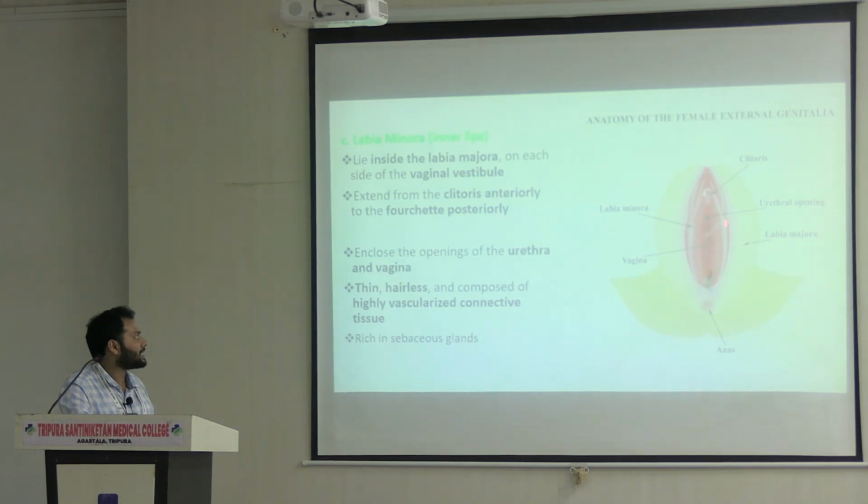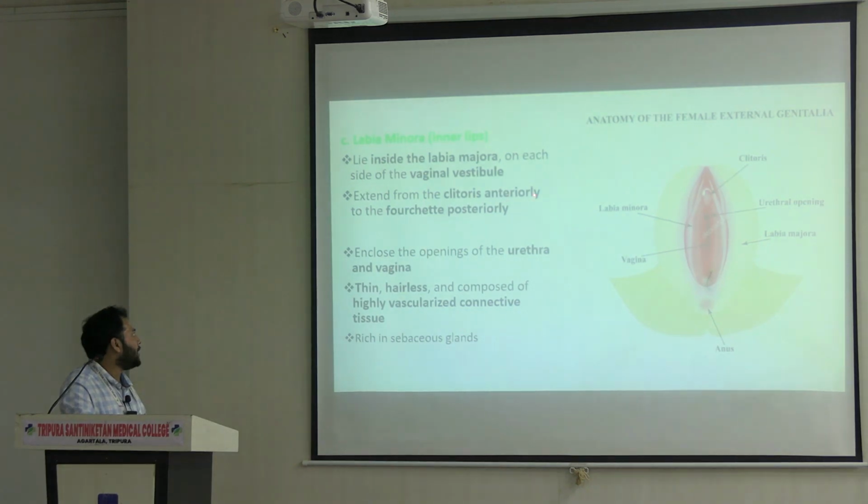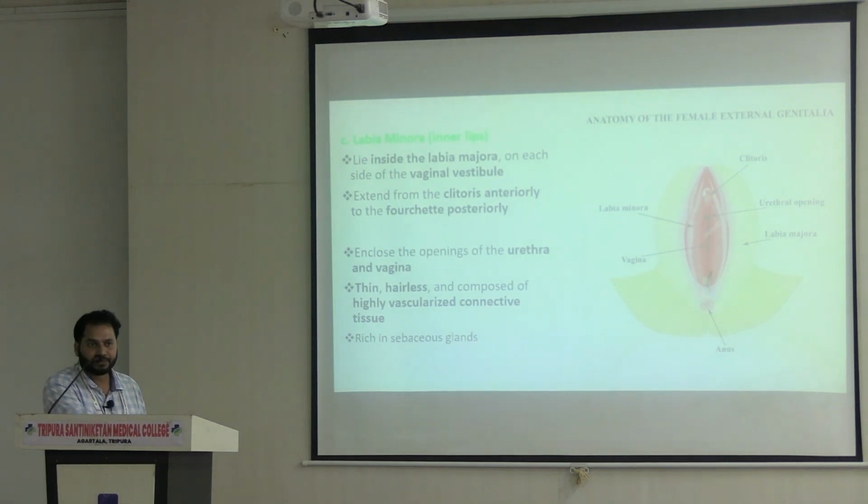It is present on both sides. It is present on each side of the vaginal vestibule and extends from the clitoris anteriorly to the fourchette posteriorly. It means it starts here and extends downward. And it encloses the openings of the urethra as well as the vagina.